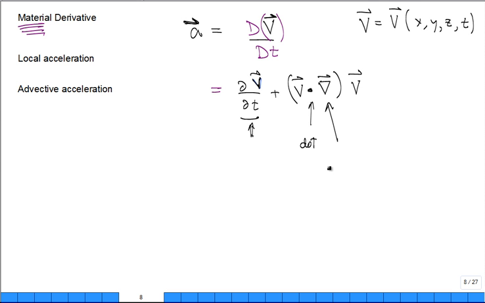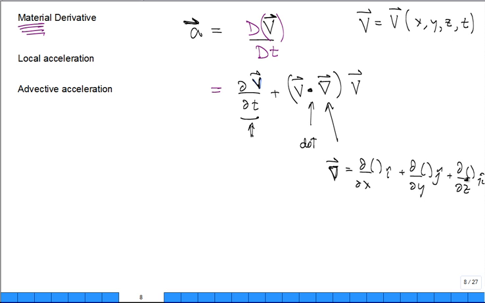The del operator is equal to the partial with respect to x of whatever I feed it, i, plus the partial with respect to y of whatever I feed it, j, plus the partial with respect to z of whatever I feed it, k. It has to operate on something. It's a del operator, I need to feed it something.